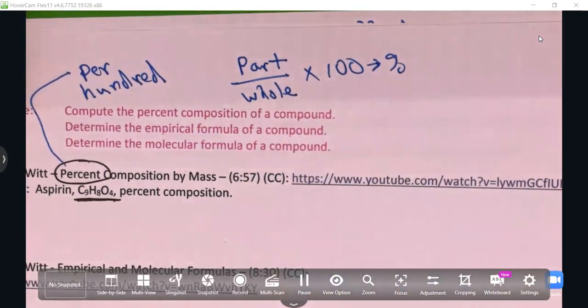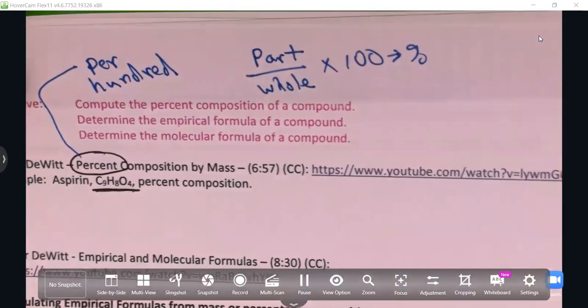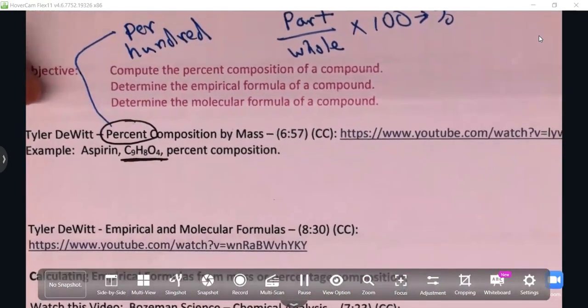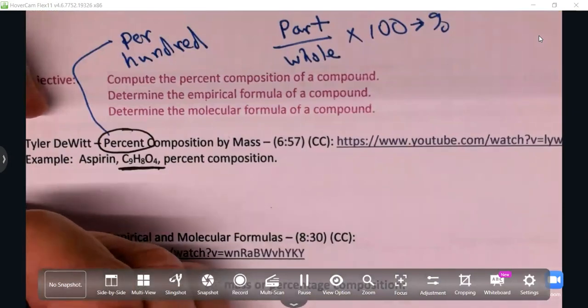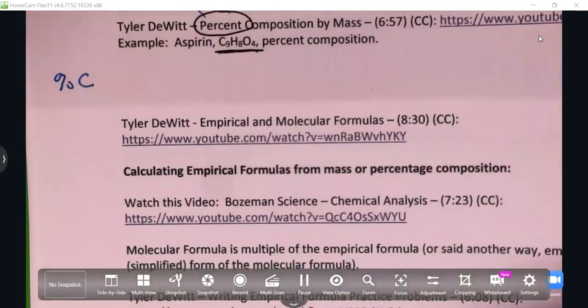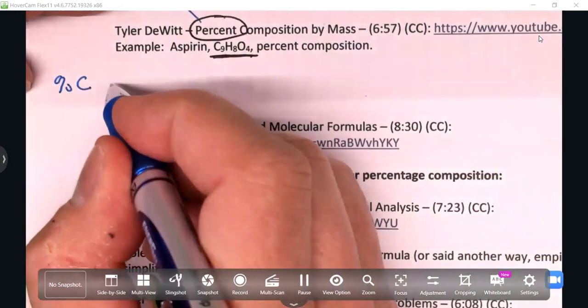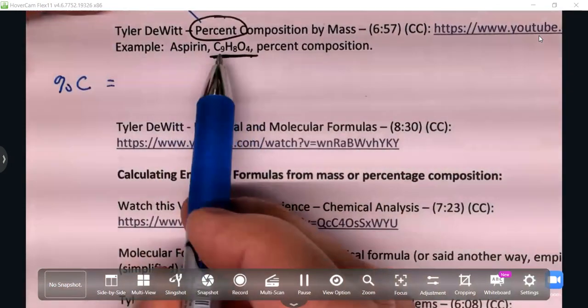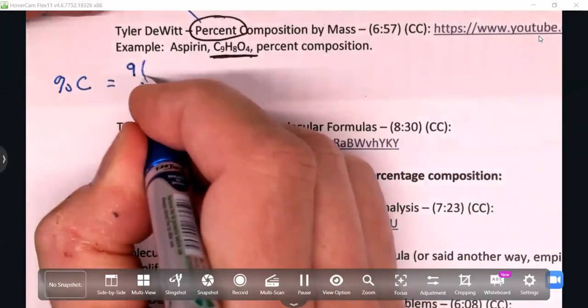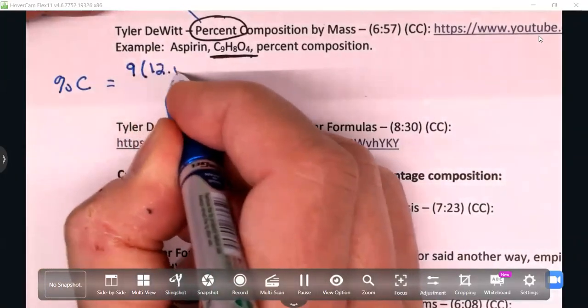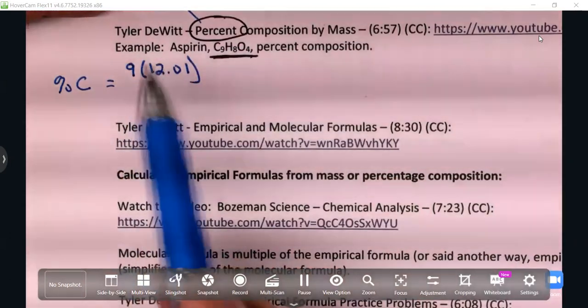So we're going to do here for aspirin, we do the percent carbon first. On the molar mass of this, there are 9 carbons. We would go 9 times 12.01 for the carbon.